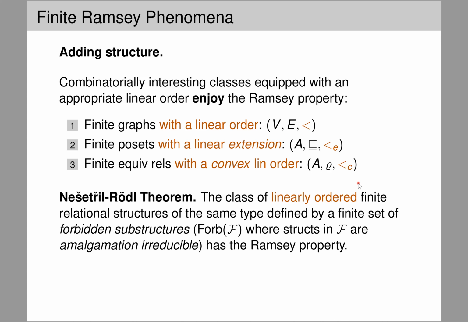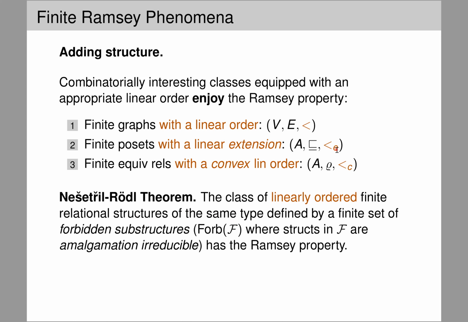And probably the most prominent result in this early stage of structural Ramsey theory is the Nešetřil-Rödl theorem from the late 1970s, which says that if we take a class of linearly ordered finite structures, so we need a linear order somehow to fix the order of the elements, to make the objects rigid. And if you make the object rigid, then the Ramsey property starts working.